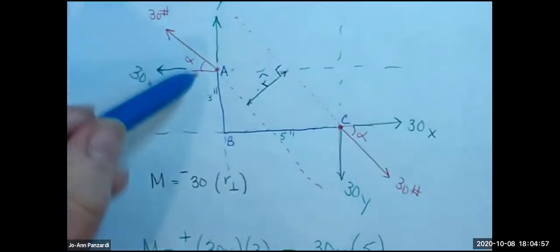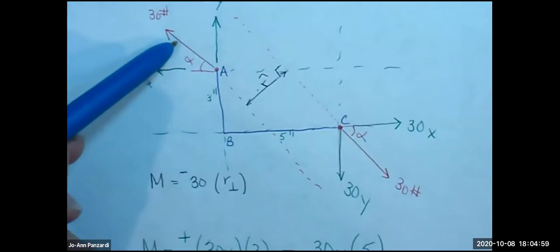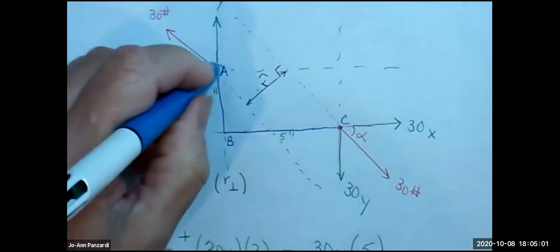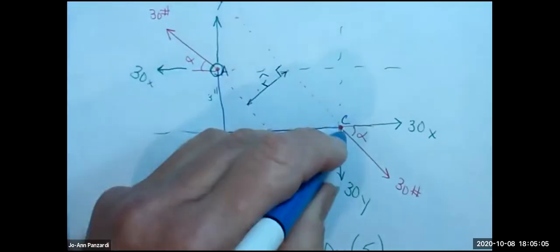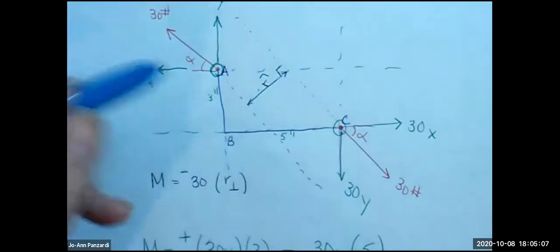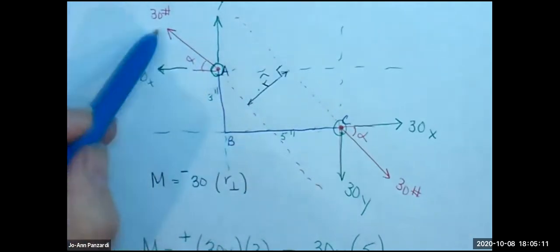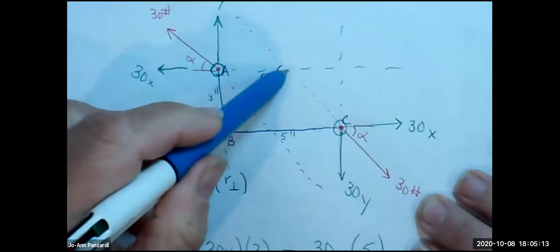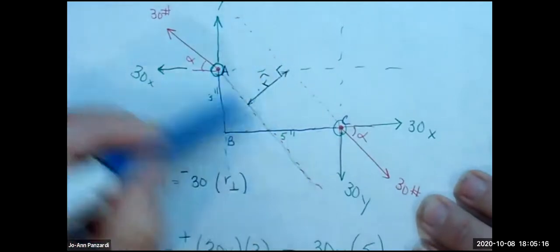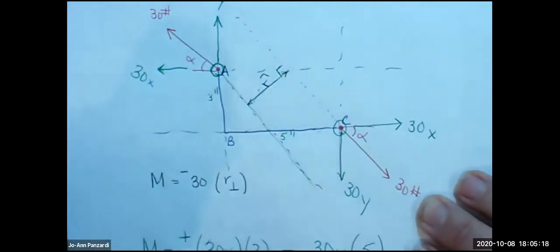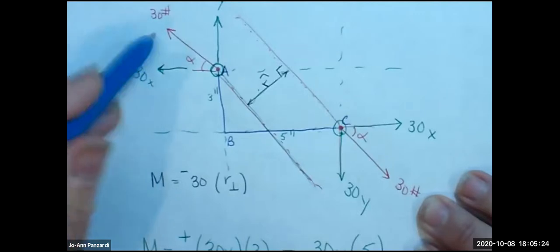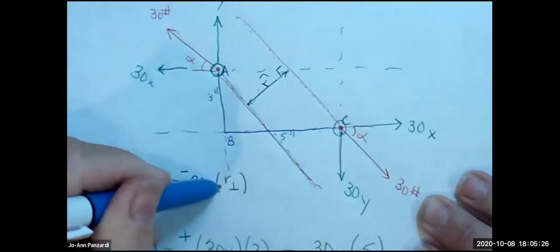So in this case, this force was at A and this force was at C, and they were at a distance apart. It was one couple, and if I knew the perpendicular distance between the lines of action of both those forces, I could find the moment, 30 times whatever the perpendicular distance is.